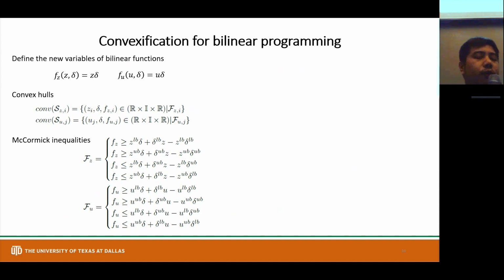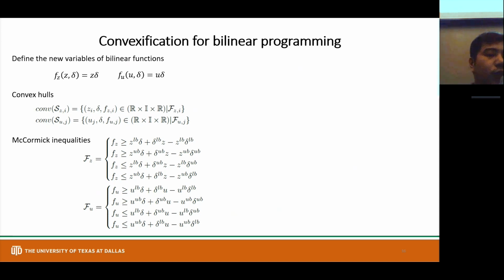First, we define new variables for the bilinear terms: fz instead of z times delta, and fu instead of u times delta. We ignore w times delta because we assume the disturbance is not a variable in our system.